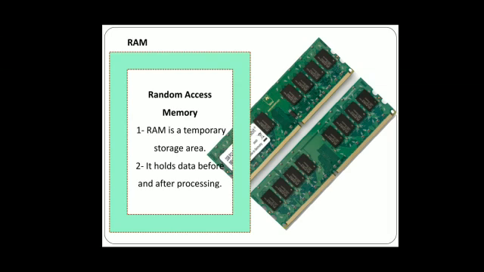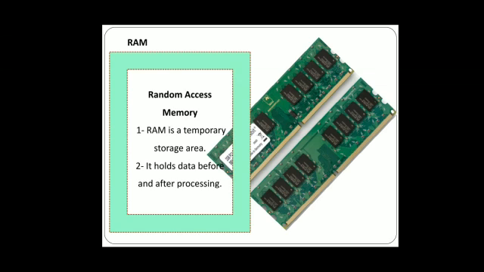Just like our printer or monitor, it can be shown on the monitor or it can be print out through a printer, and after that we can store it into our storage devices. So the data that is currently in process, it will be in RAM.